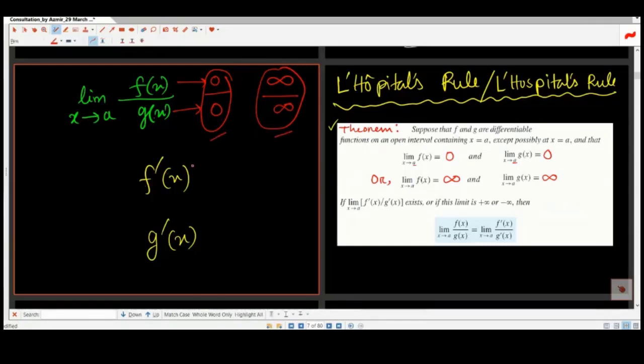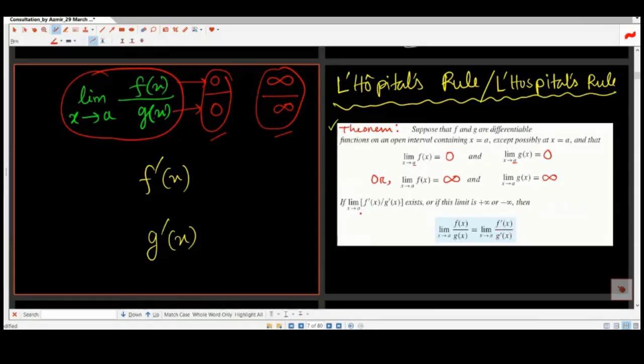So if we have indeterminate forms of type 0 over 0 and infinity over infinity, then only we can apply L'Hopital's rule. So L'Hopital's rule says that the limit of this function will be equal to the limit of f prime x over g prime x.